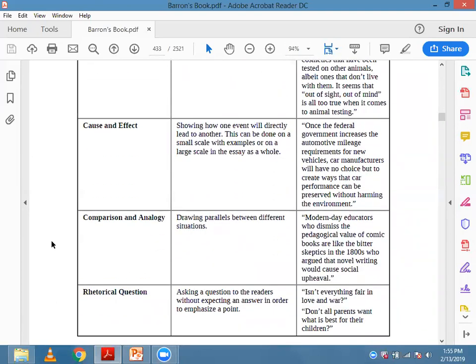Let's come to the next type. This is cause and effect. Cause and effect basically means the author is presenting his argument in a way that makes the reader understand how one thing leads to another. This is a very scientific way of presenting an argument, as we know cause and effect is taken from science and happens in science all the time.